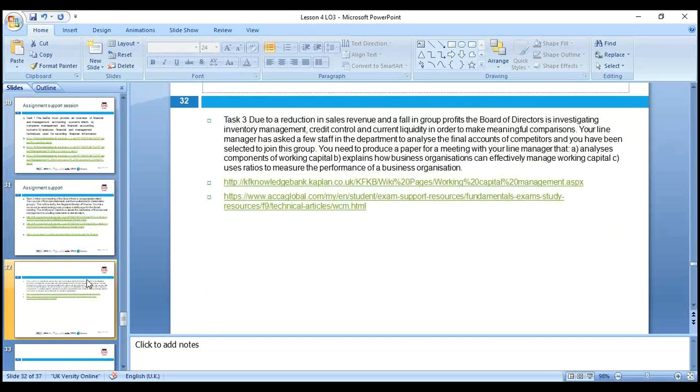Then task 3, due to the reduction in the sales revenue and the fall in the group profit, the board of directors is investigating. So we can look at working capital.